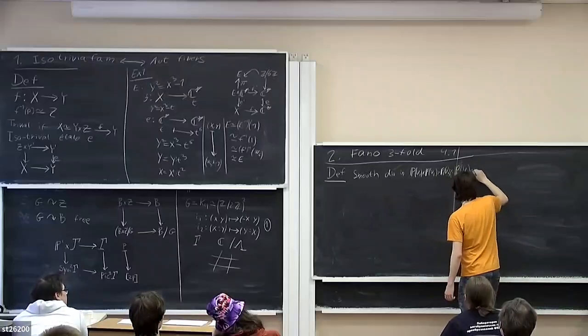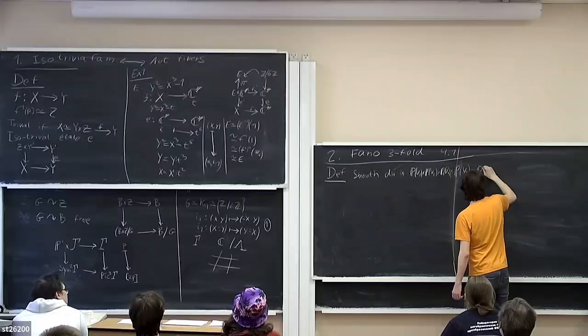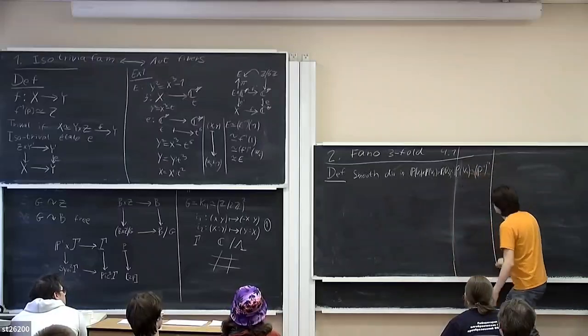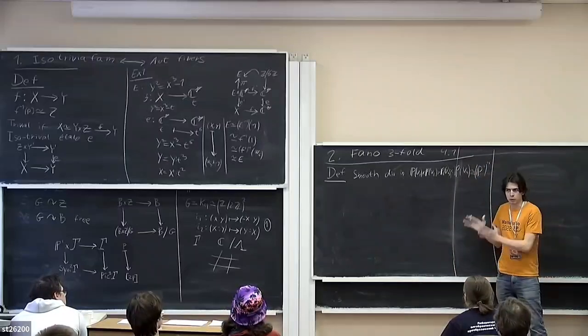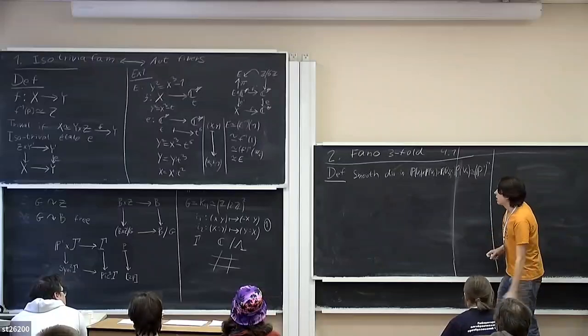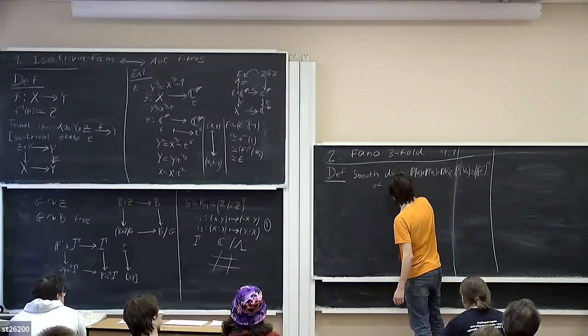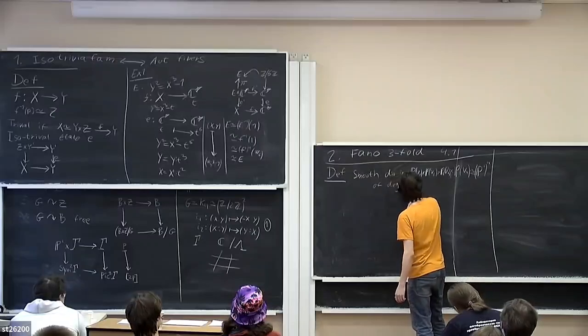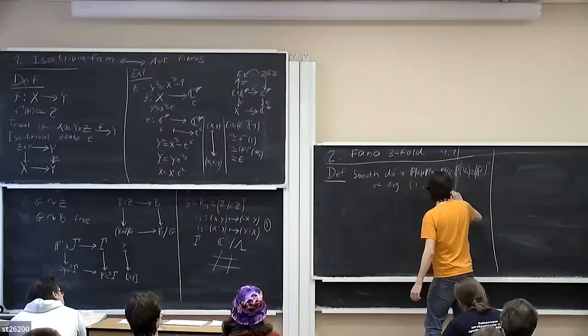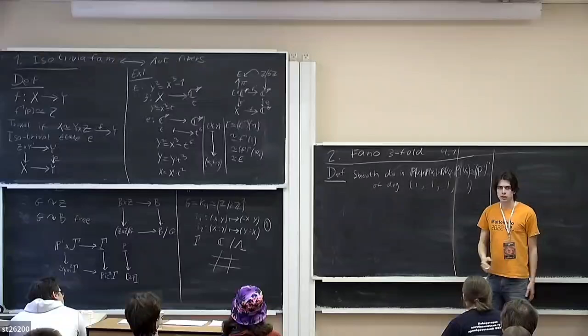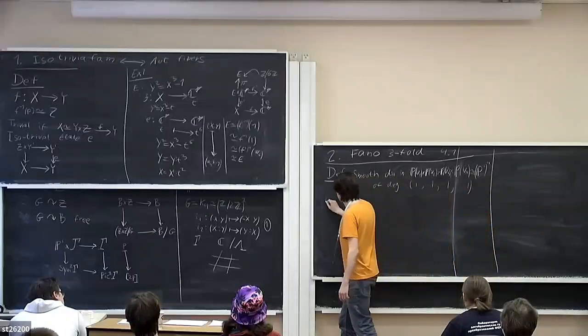So this is just 4 copies of P1, but we would like to enumerate them so that we can keep track of them. And we take a smooth divisor of degree 1, 1, 1, 1.